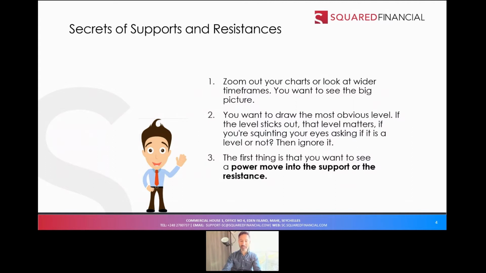Don't spend too much time analyzing, and don't spend too much time on demo accounts, because you're not going to learn much from it. Whenever you start trading and you're in it yourself, that's when you start learning, and that's when you start understanding what you've been reading about or learning about.